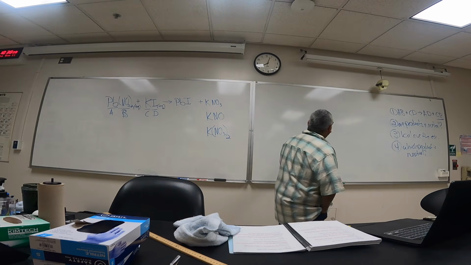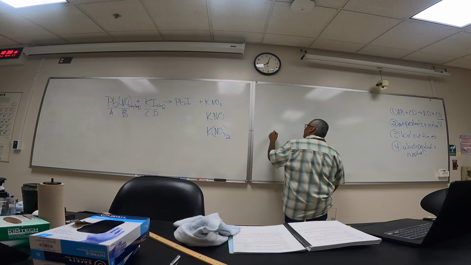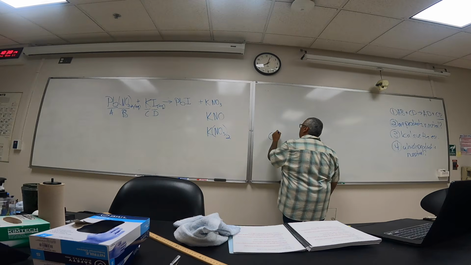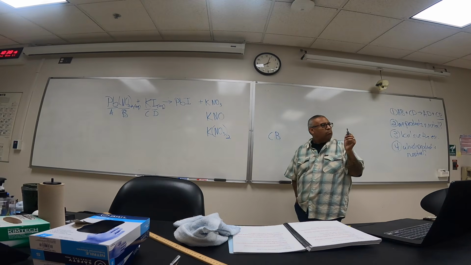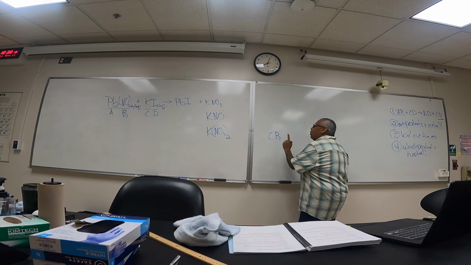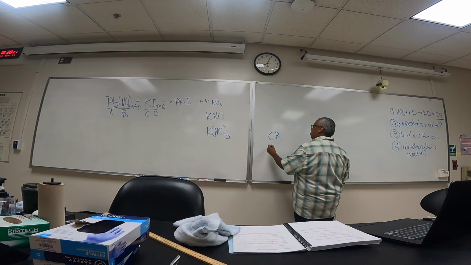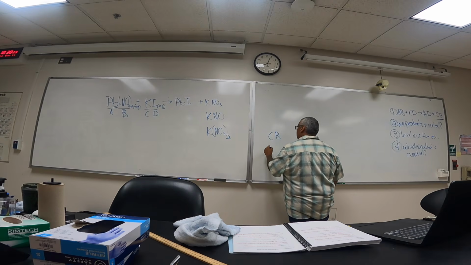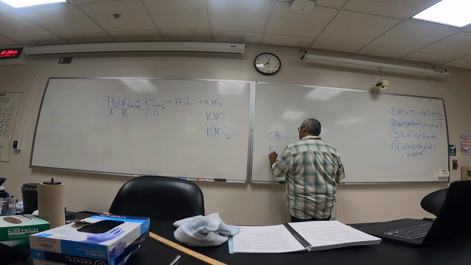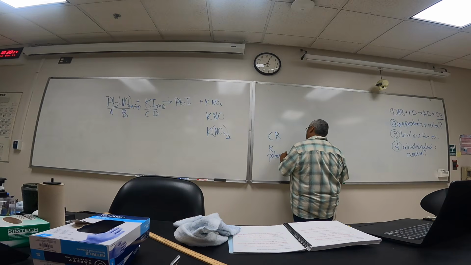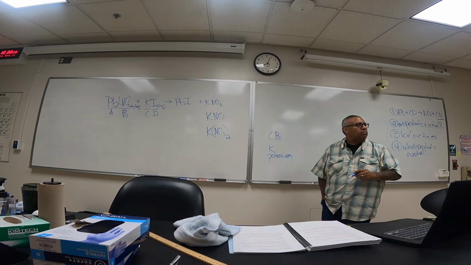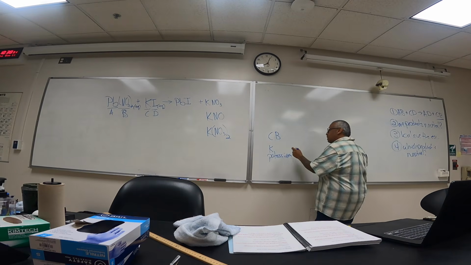Now, it's said to put C and B together. What is C? It is potassium. And what is B?